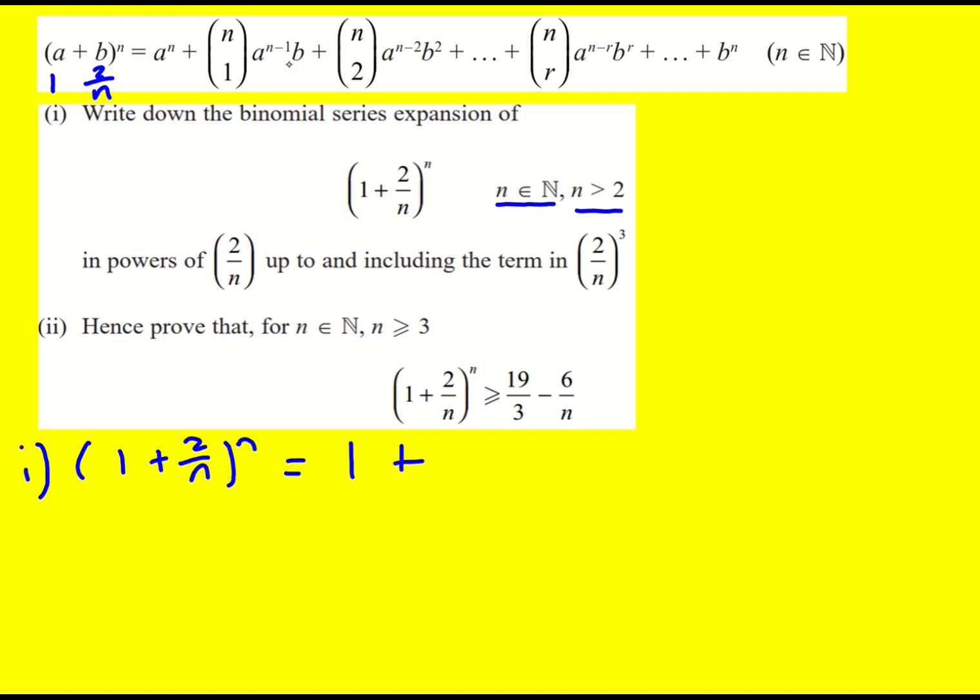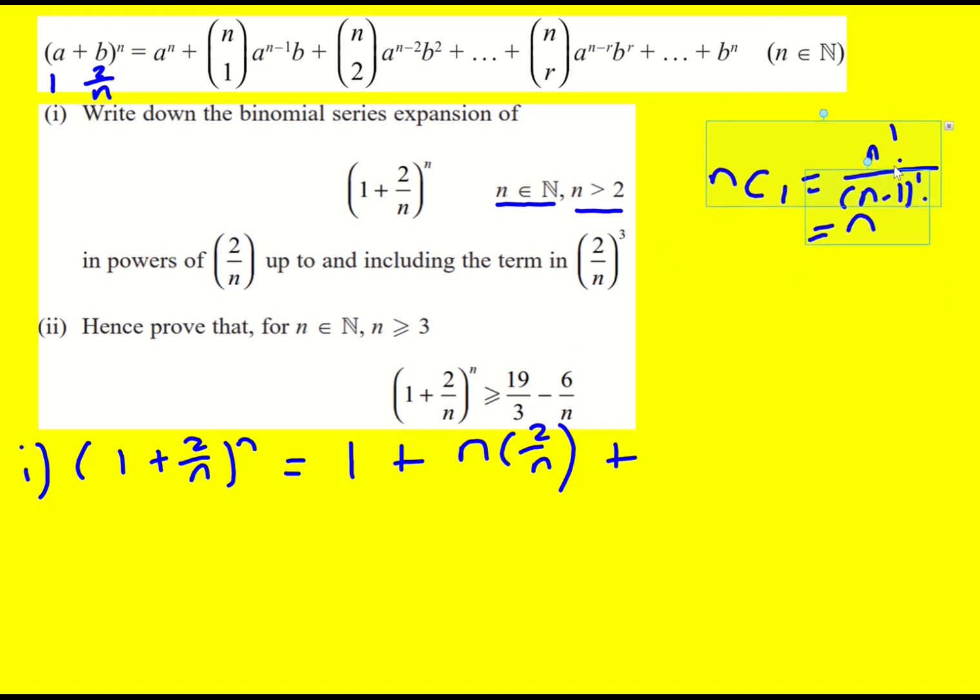1 plus n choose 1, which is nC1, which is n factorial over 1 factorial times n minus 1 factorial. It's just n, in fact. So it's going to be 1 plus n times 2 over n. And then I'm going to get nC2 for the next one.